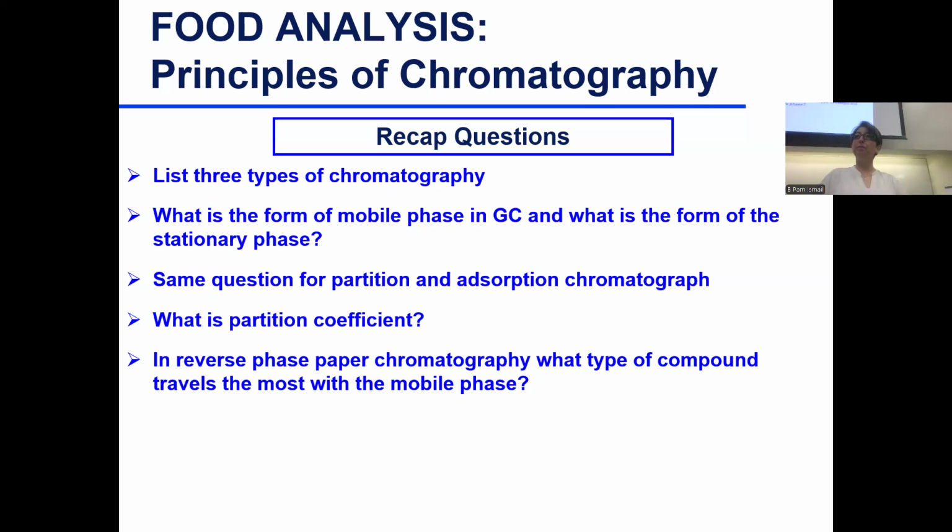The mobile phase is polar. So what travels the most in the mobile phase, a polar constituent or a non-polar? Polar. Thank you, Razi. Yes, it is polar. So it dislikes the stationary phase and travels faster or more with your polar mobile phase. Thank you.